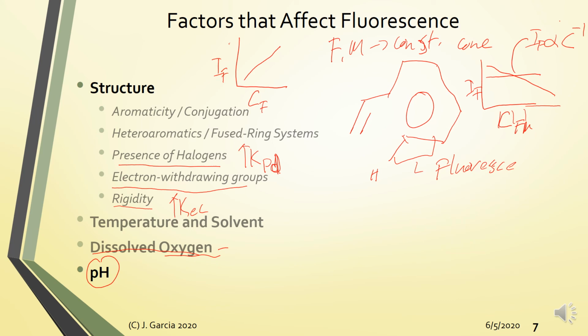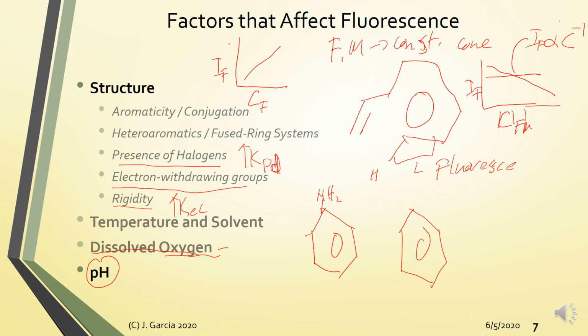Alright, so pH, why? Because this affects molecules that do undergo fluorescence but have a tendency to dissociate with pH. For example, if you have aniline, as we mentioned earlier for UV-Vis absorption, the manner by which aniline will absorb radiation would be different from that of the anilinium ion.